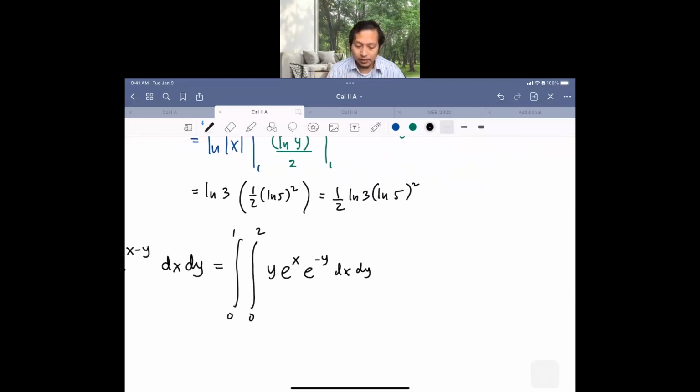And as usual, we can separate this into each variable, x and then y.